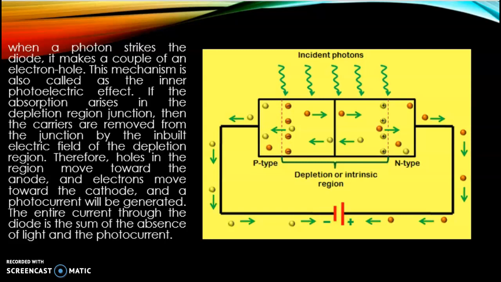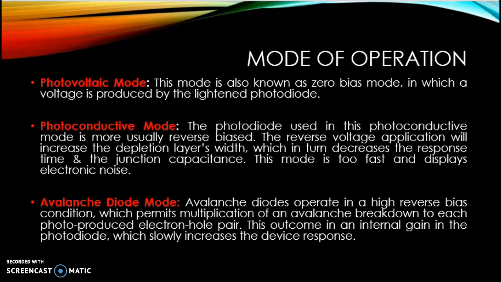So this is about the photodiode, and there are three different modes of operation, which are photovoltaic mode, photoconductive mode, and the avalanche diode mode.